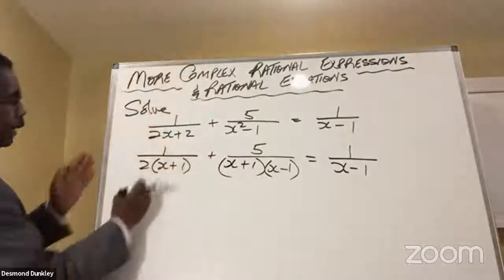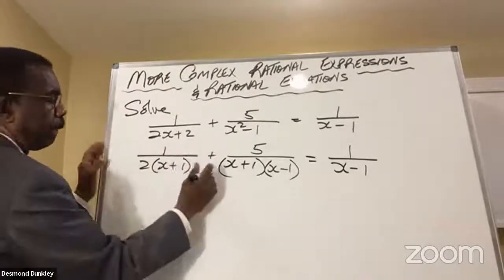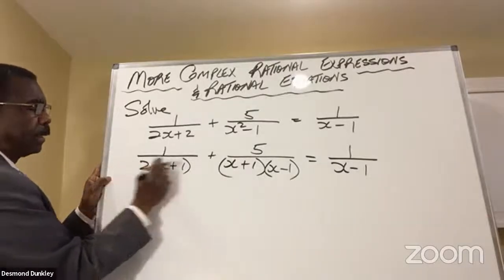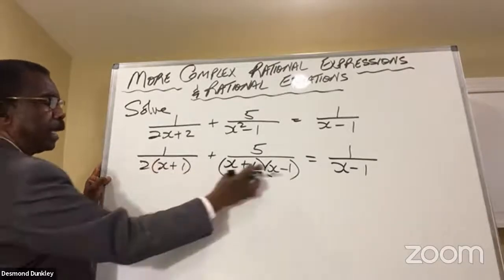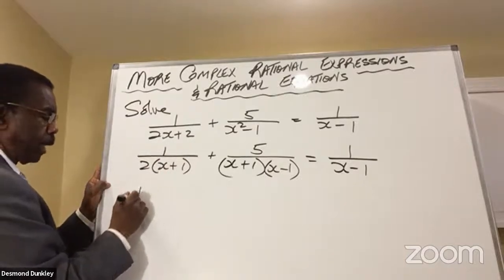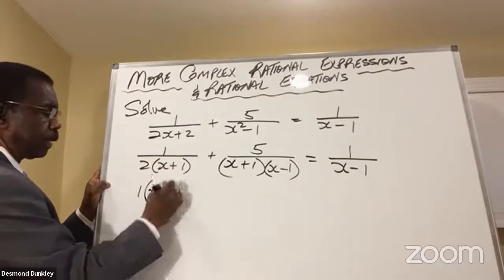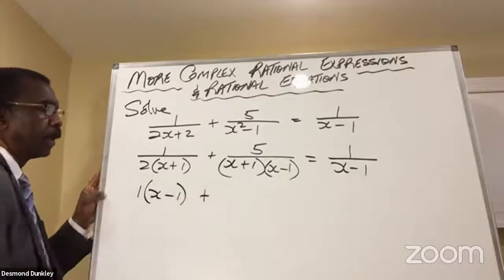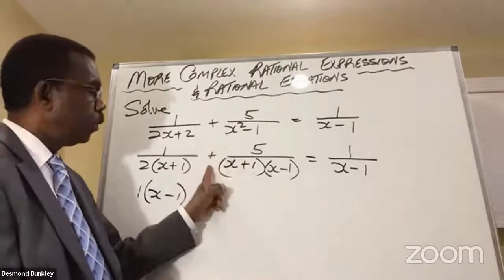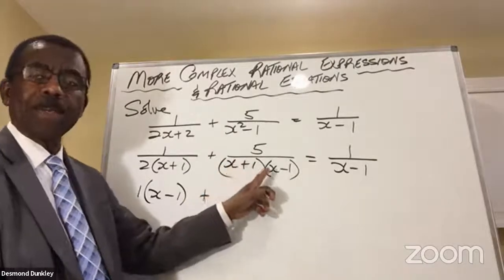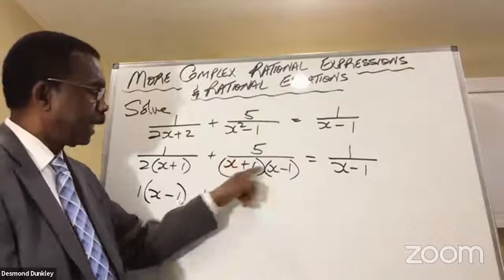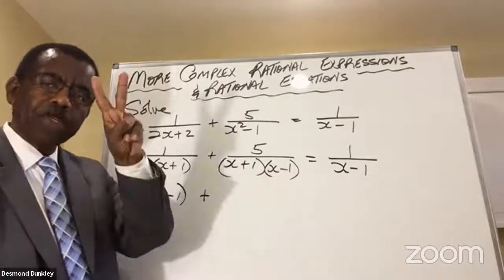So when I multiply this by 2 times this, then the 2's cancel, the x plus 1 cancel, and I'm left with just x minus 1 times 1. So it's going to be 1 times x minus 1 plus, when I multiply this fraction by 2 times x plus 1 times x minus 1, the x plus 1 and the x minus 1 cancel, and I'm just left with the 2.